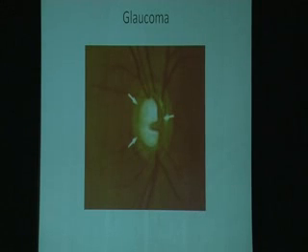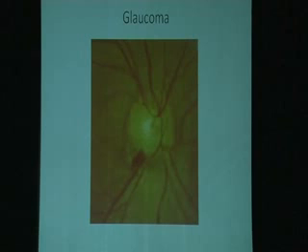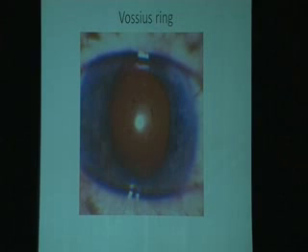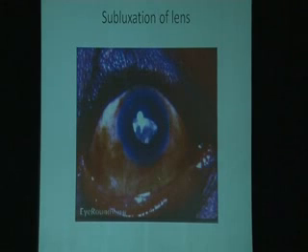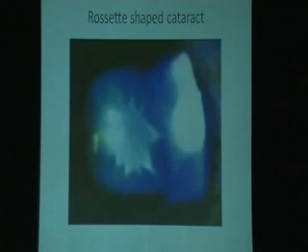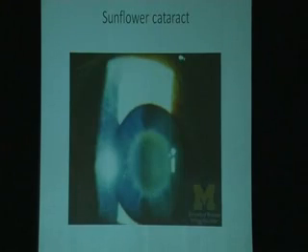Again, can you see this? Nasal shifting of vessel, thinning of the neuroretinal rim, 0.7 cupping. Again, 0.7 cupping with, this one is your laminar dot sign. This was your Vossius ring, snowflake, lamellar, subluxation of lens, rosette and sunflower. That's it. Thank you so much.